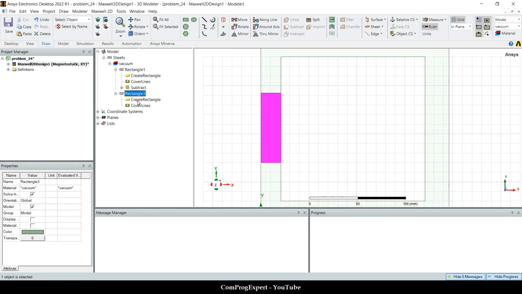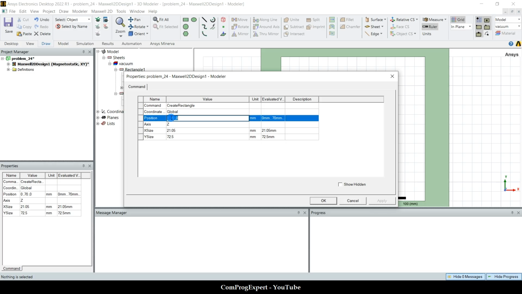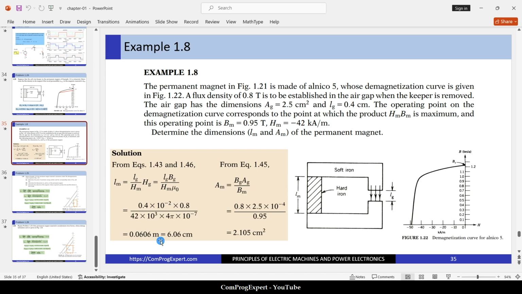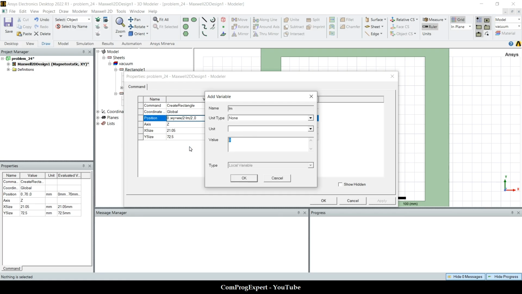So how can we set dimensions? The position of the corner point is width of the yoke plus width of the window divided by 2 minus length of the magnet divided by 2. What is the value of the length of the magnet? For this example, example 8, it is equal to 6.06 centimeter.